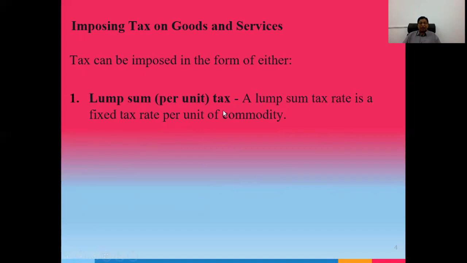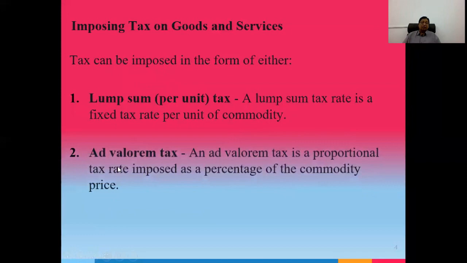It is called unit tax or lump sum tax. The other form of tax is called ad valorem tax. And ad valorem tax is a proportional tax rate imposed as a percentage of the commodity price. Therefore, it is called percentage tax. Ad valorem tax or percentage tax. Unit tax and percentage tax.